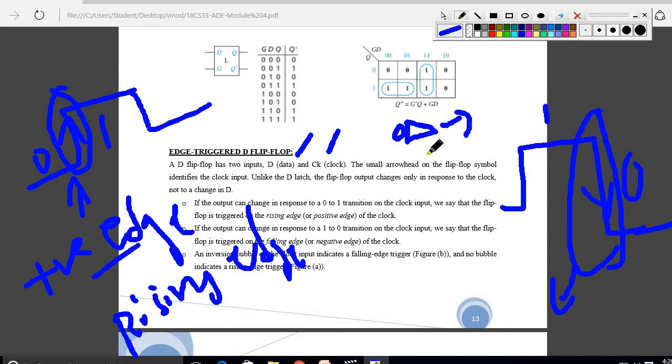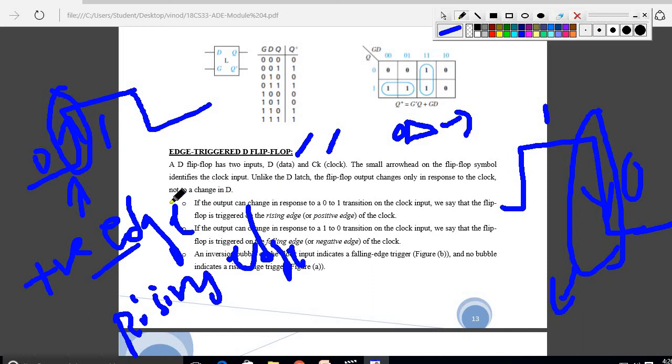Only an arrow is a positive or rising edge, and an arrow with a bubble is a falling edge. If it is a transition from 0 to 1, rising edge or positive edge. If it is a transition from 1 to 0, falling edge or negative edge.